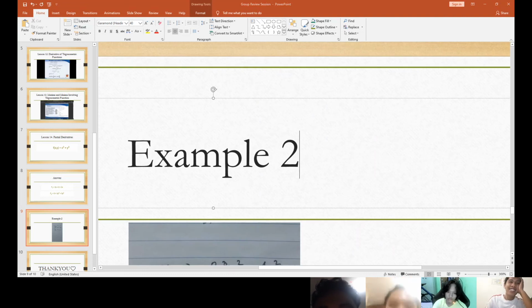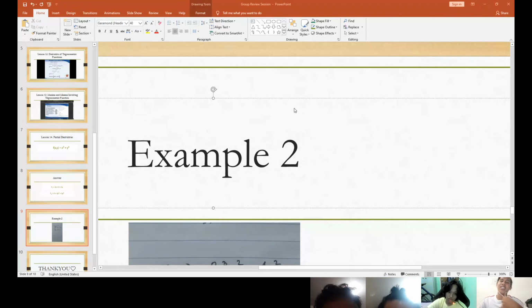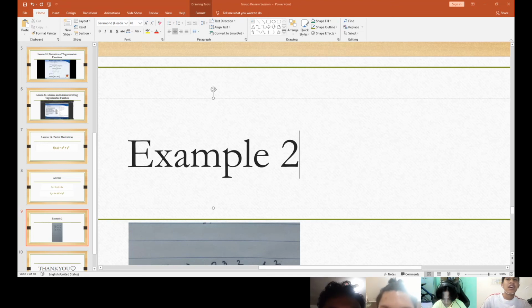Parang, Jayze, yung kunwari, yung partial derivative ng x yung hahanapin, di ba constant na yung y? Pero kapag may kasama siyang variable na x, hindi na siya nagiging constant.